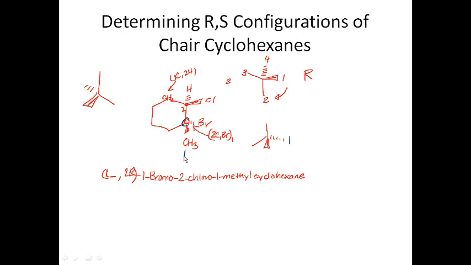Then this carbon right here has 3 hydrogens attached to it. This CH2 over here has 2 hydrogens and a carbon. And this carbon up here that's attached to this carbon has a chlorine, a hydrogen, and another carbon attached to it. So in terms of the priorities, the carbon with 3 hydrogens is definitely going to be number 4.